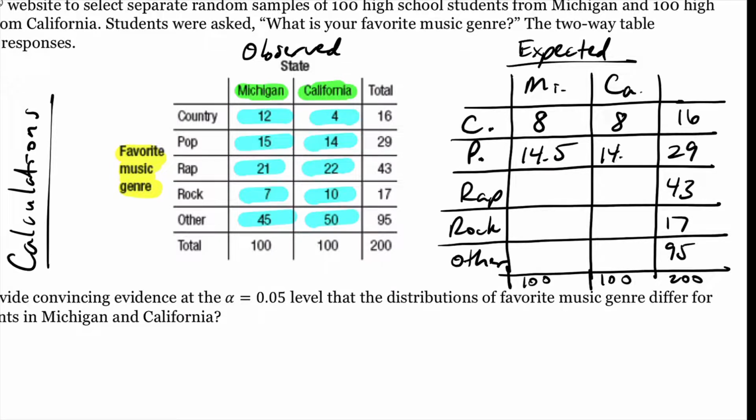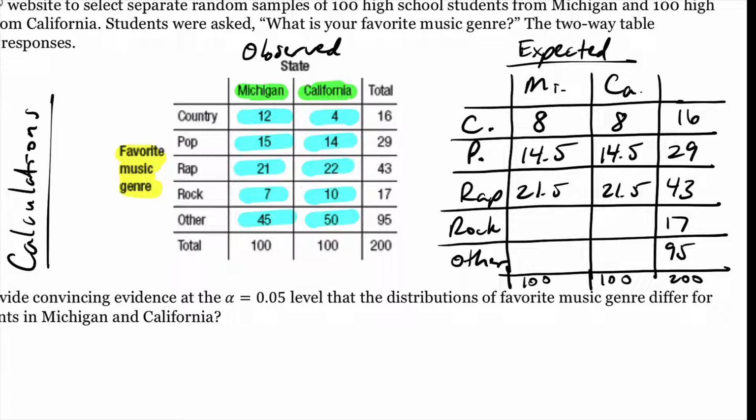So it's going to be 14.5 as well. Isn't it just going to be the same because the column total is the same? Mm-hmm. Exactly. So rap is 43 row total times 100 divided by 200. You get 21.5 and 21.5.